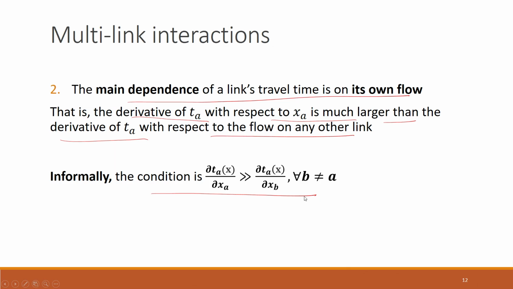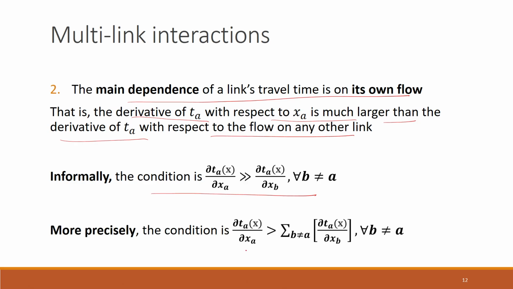Informally stated, the derivative of travel time on link A with respect to flow on link A is much larger than the derivative of travel time on link A with respect to the flow on link B, where B and A are not the same links. But more precisely, this condition is that the derivative of the travel time on link A with respect to the flow on link A is greater than the sum of these terms here, where we have the partial derivative of the travel time on link A with respect to the flow on link B, and we are summing over all the links B excluding link A. That is what this means here.